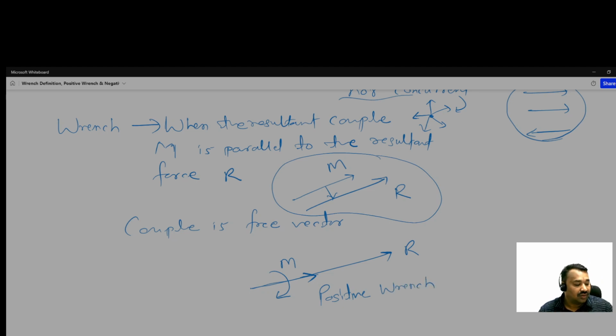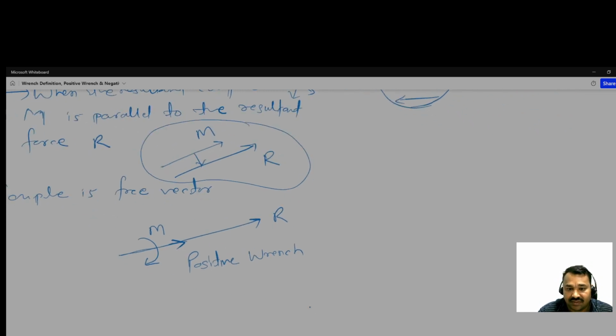Okay, now suppose the direction is this is R, and this is the M, and the direction is like this, means anti-clockwise. See, now both R and M are in opposite direction, so it is known as the negative range.